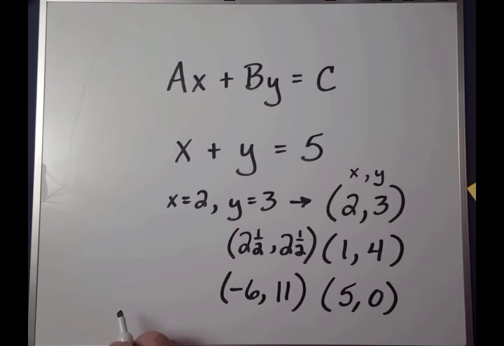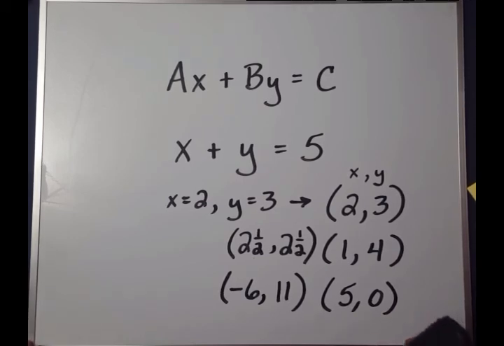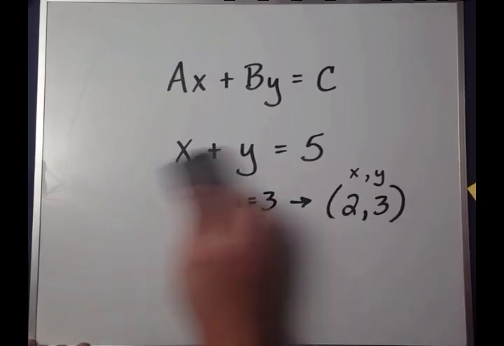One thing we're going to be asked to do in this section is to decide if a given ordered pair is indeed a solution to the given equation. Let's look at the homework set and grab number 20.